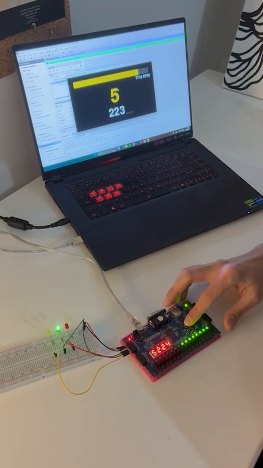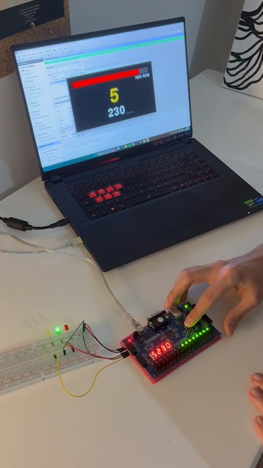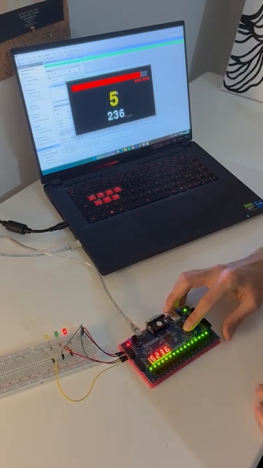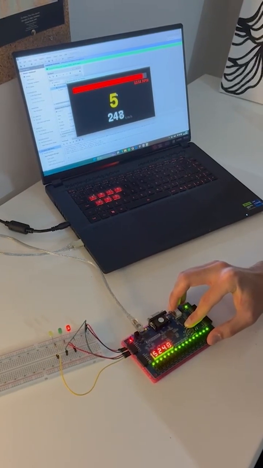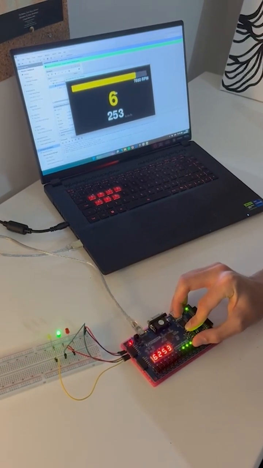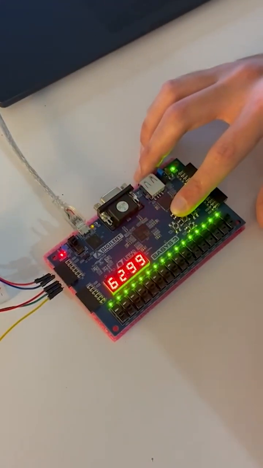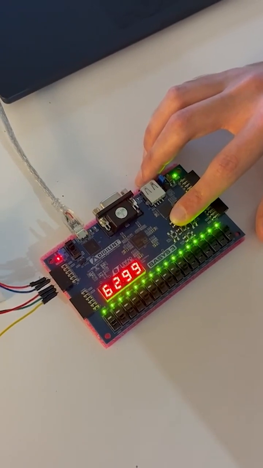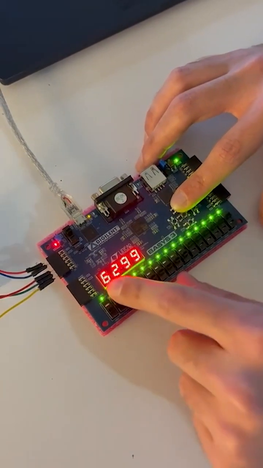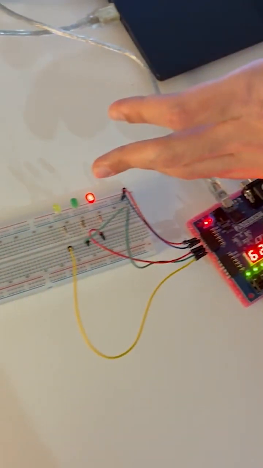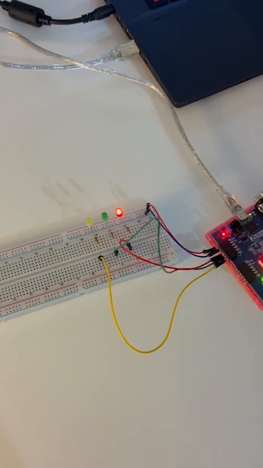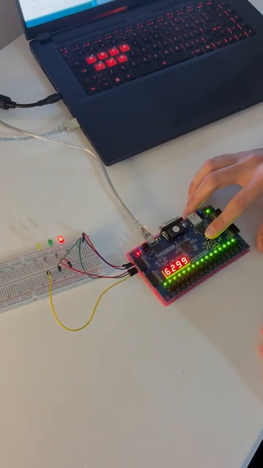We're going to see how it behaves at that limit. As you can see, when it hit the 300 limit, it's stuck there. The gear is stuck in 6th, the red bar is stuck at the red light, and we cannot go further.